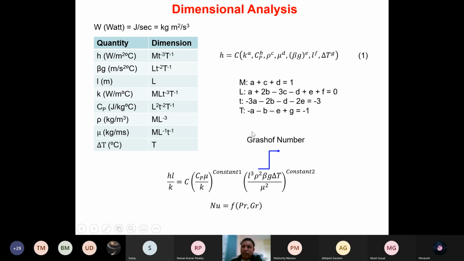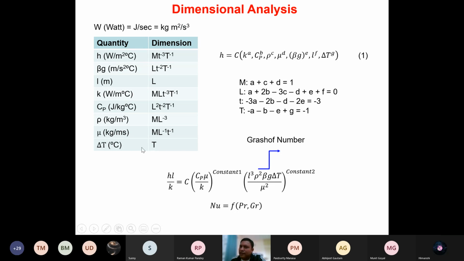Remember, in this case there are 4 equations, but how many variables will you have? 1, 2, 3, 4, 5, 6, 7. That means 3 variables will be represented in terms of the other 4. So you will get basically the 3 dimensionless groups like this.